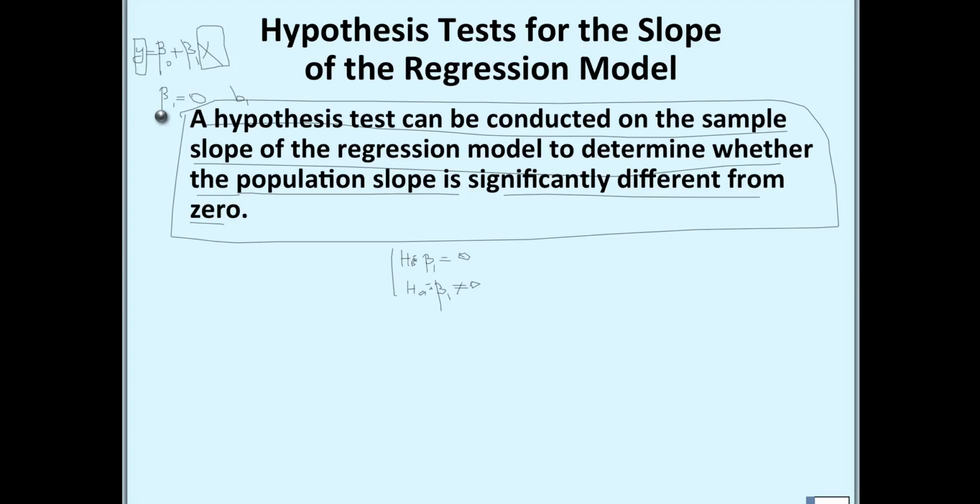Ideally, you want to reject your null hypothesis to say, okay, your model is significant. If you cannot reject your null hypothesis, it only means one thing: your model is not significant. That means your linear model cannot be used in the context that you're trying to use it.